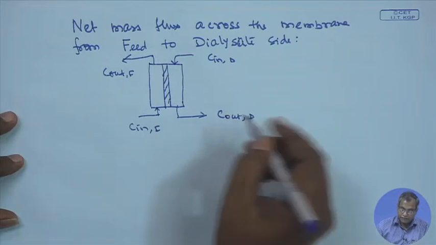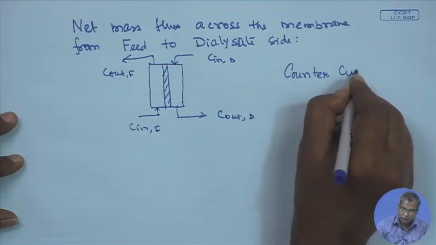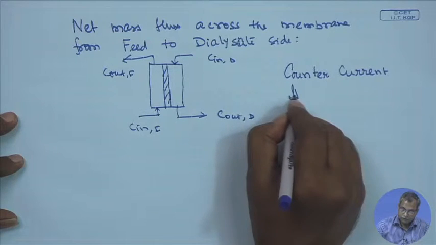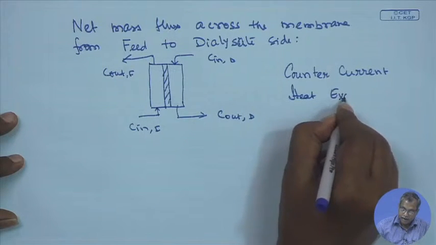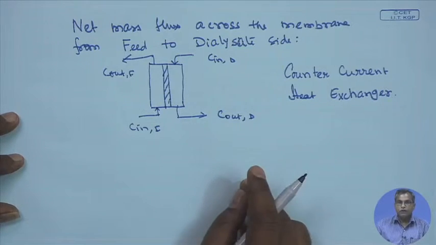So, this will be exactly like a counter current heat exchanger. The analogy is a counter current heat exchanger, and in our heat transfer course we have already found out how the overall heat transfer takes place in a counter current heat exchanger. Now, in the case of dialysis, instead of a counter current heat exchanger, it is a counter current mass exchanger, and instead of overall heat transfer coefficient, we can write the overall mass transfer coefficient.